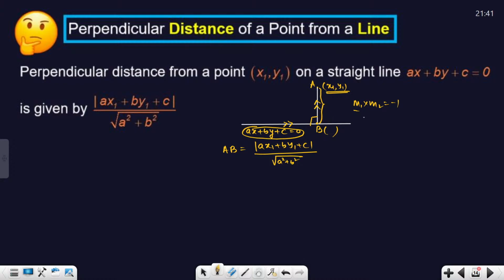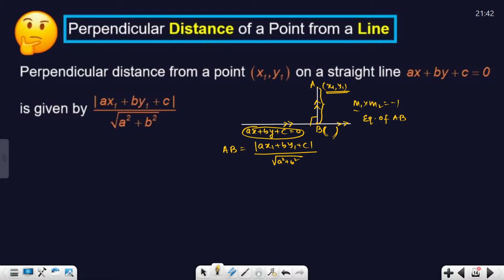Hence, you know the equation of AB, which you find by using the slope point form. After getting the equation of AB, simply solve AB and this given equation to get the point of intersection B.